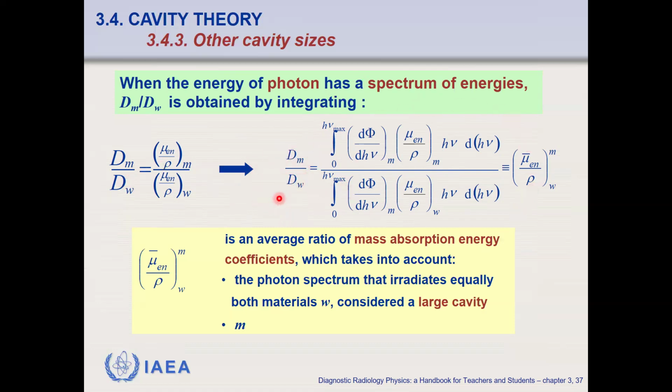I can express it this time as Dm over Dw equals the bar of mu_en over rho. So we are talking about the energy weighted average of the mass energy absorption coefficient. This is the average ratio of mass energy absorption coefficients, which takes into account the photon spectrum that irradiates both materials equally, considering a large cavity, and also takes into account M, the material.